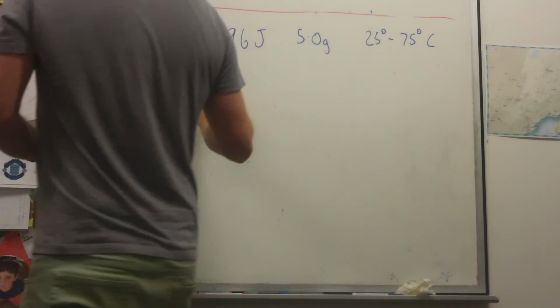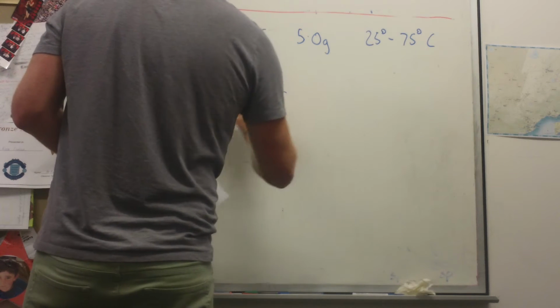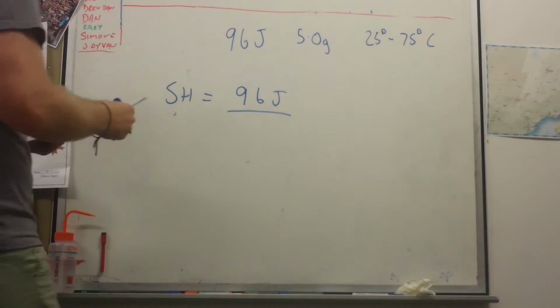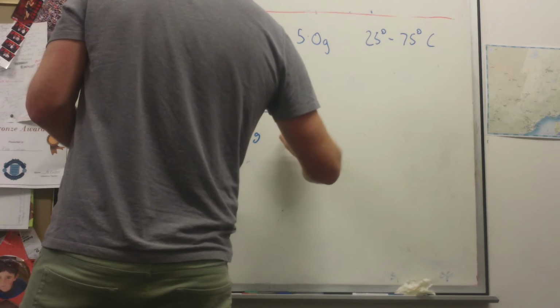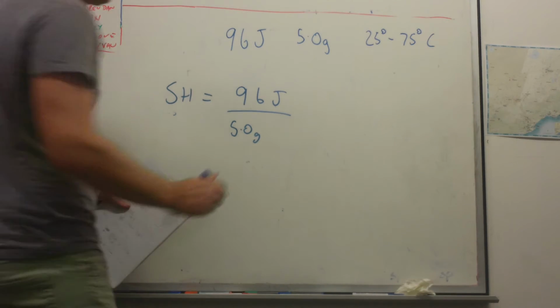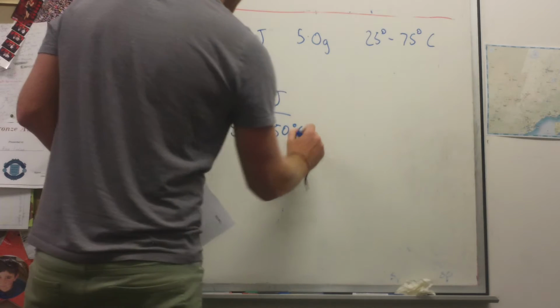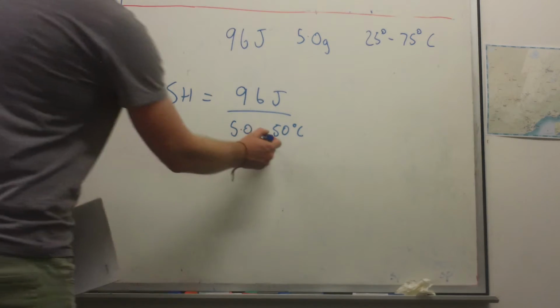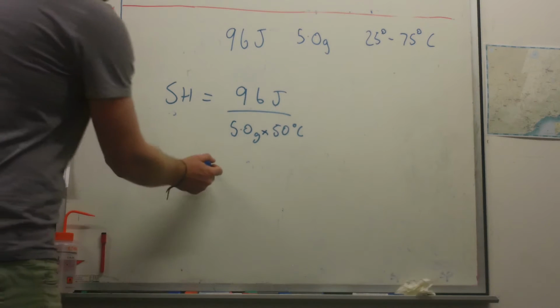So our specific heat equals our energy, joules, divided by our mass in grams, 5.0, multiplied by the change in temperature. Note that it's 25 to 75 degrees C, so our change in temperature is actually 50 degrees C. Multiply is inferred there.